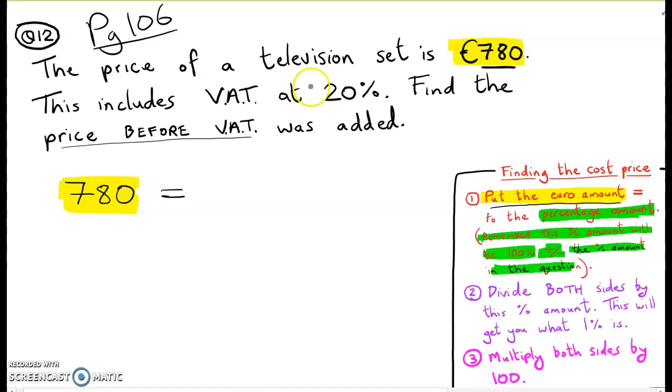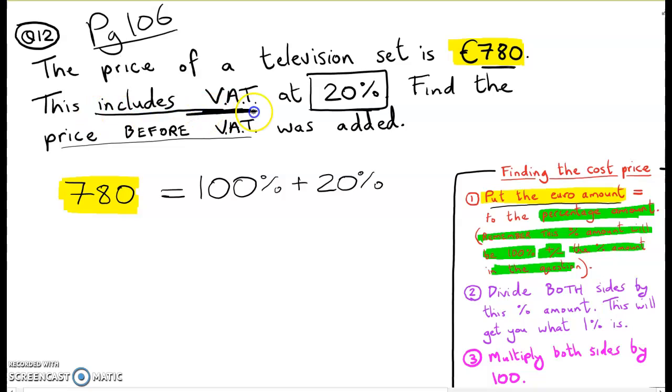Now what's the percentage amount? Is it just 20%? No, it's 100% plus 20%. Remember, 20% has been added on. It includes that 20%. So we have to say 100 plus 20%.